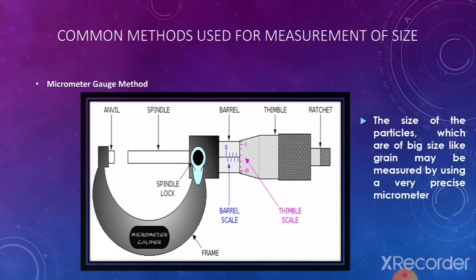Its parts are the anvil, spindle, spindle lock, whose function is to lock the reading in order to take the measurement, barrel, thimble, ratchet, thimble scale, barrel scale, and U-shaped frame. The thimble reading is also called the vernier scale reading, and the barrel scale reading is also called the main scale reading.